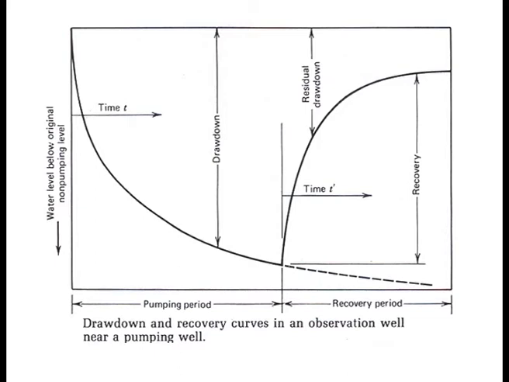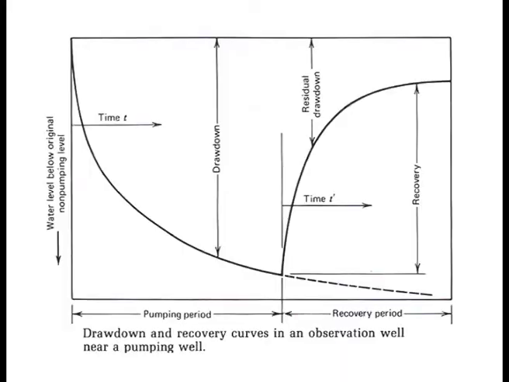So, we are taking the recovery data, and it is known as the recovery method. Previously, we took the drawdown data. Now we will plot the residual drawdown versus the ratio t upon t dash. What is small t? Time since pumping started. T dash is the time since pumping stopped.